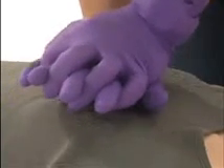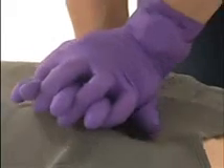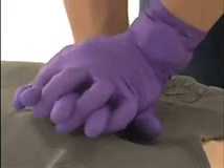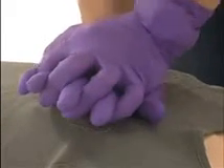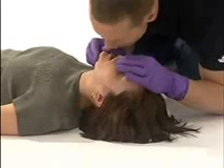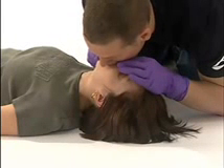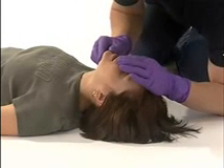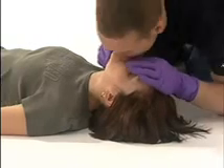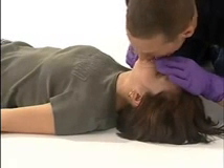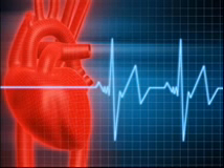Give the first rescue breath and watch to see if the chest rises. If it does rise, give the second breath. If the chest doesn't rise, repeat the head tilt-chin lift maneuver and then give the second breath. Resume chest compressions to restore circulation. Continue CPR until there are signs of movement or emergency medical personnel take over.